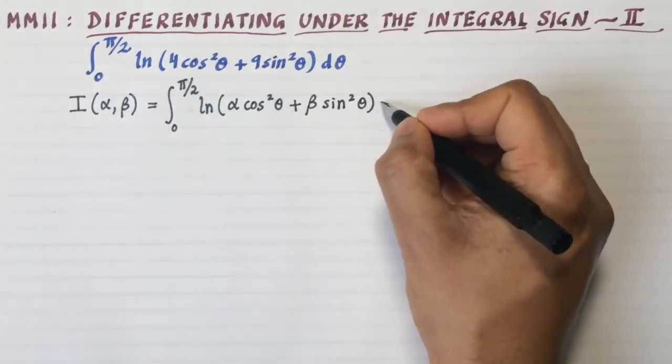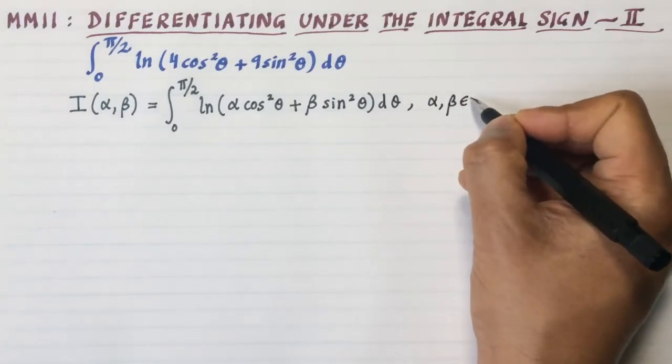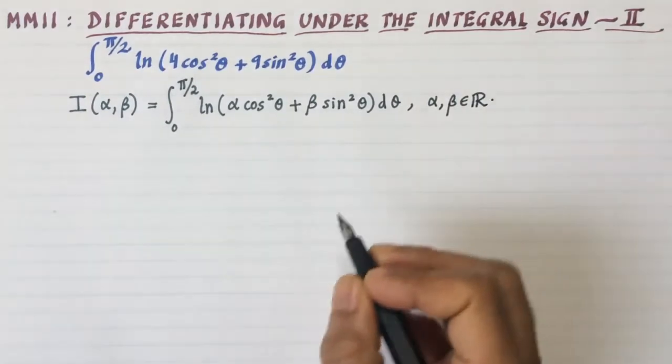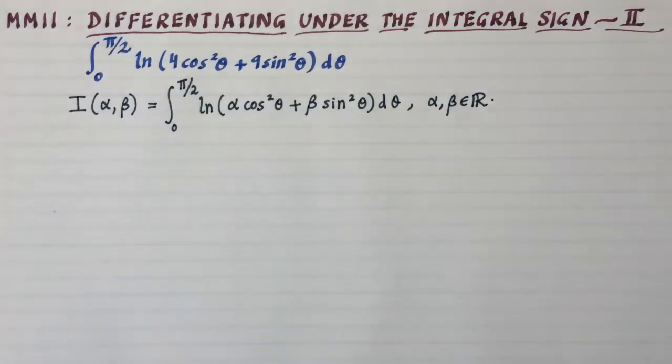That's the first step in the abstraction. Alpha and beta I'll take to be real numbers. So in doing this integral, I'll be actually evaluating an entire class of integrals where alpha and beta can be any real numbers, not even integers. So that's the big payoff.